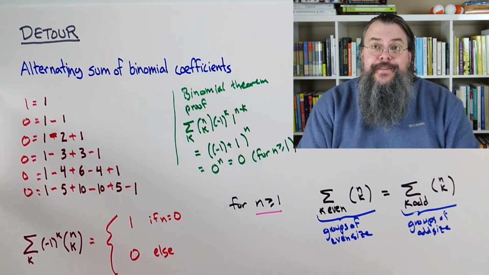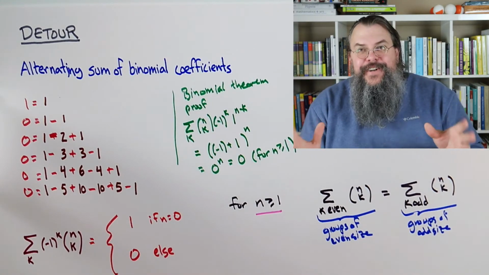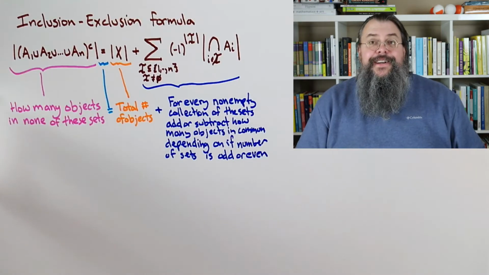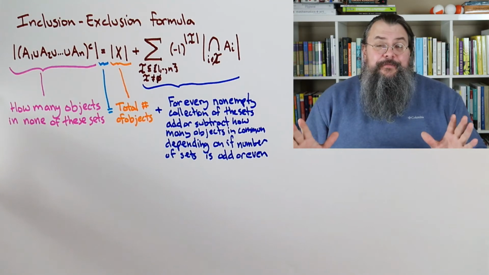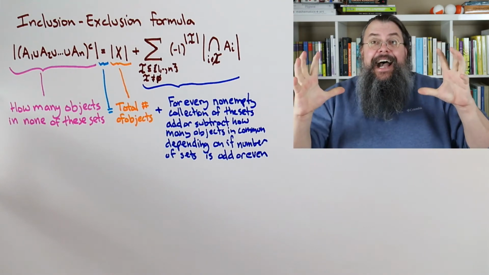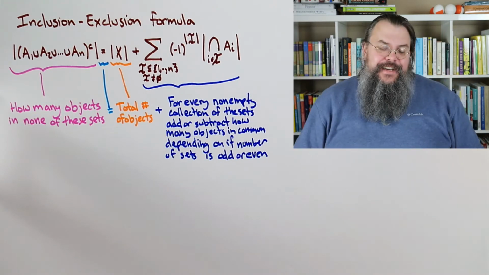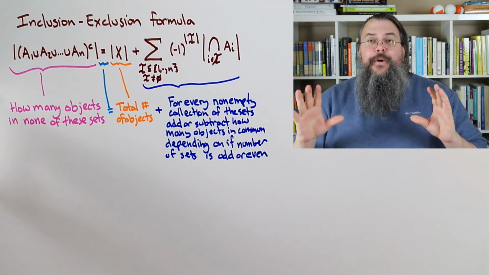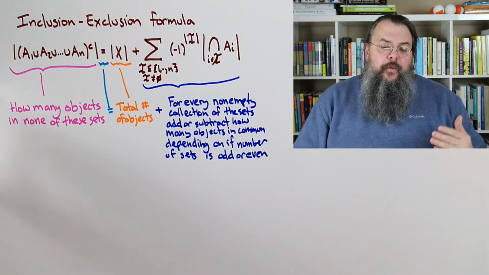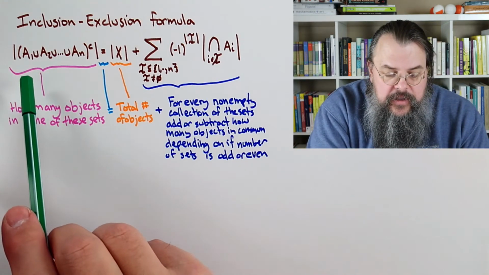Well, so how do we use this? Okay, let's turn and look at the general formula. So this is the general formula. And if you see it, there's a lot of notation going on. So let's talk about what we are actually doing here. Our goal is to count everything that's in none of the sets.